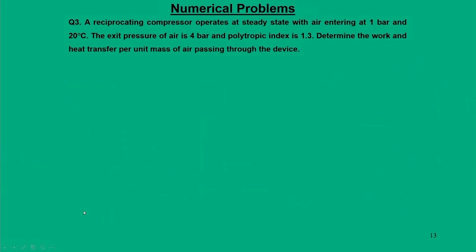Now we will move to the third problem, which is based on a reciprocating compressor, and for this reciprocating compressor we are going to find out work and heat transfer per unit mass of air, for an internally reversible process.